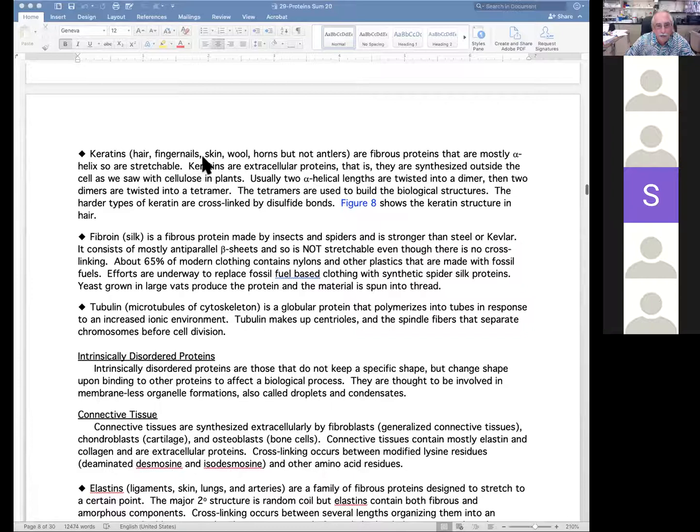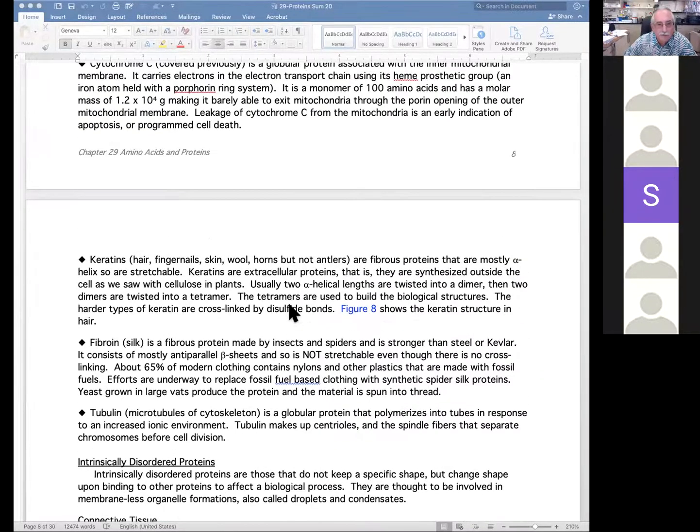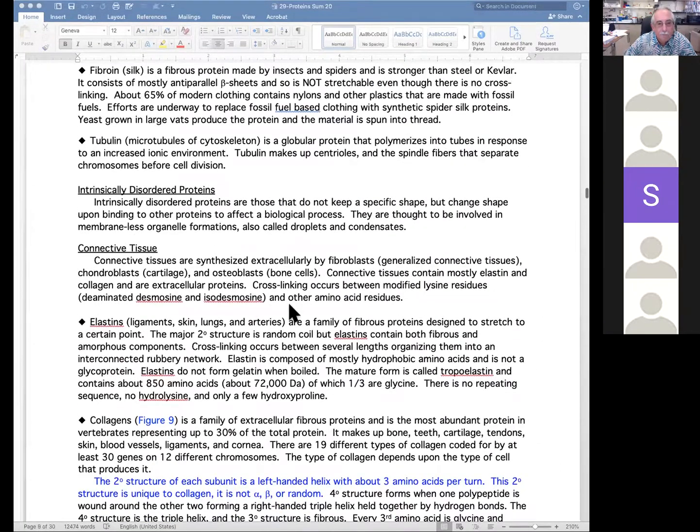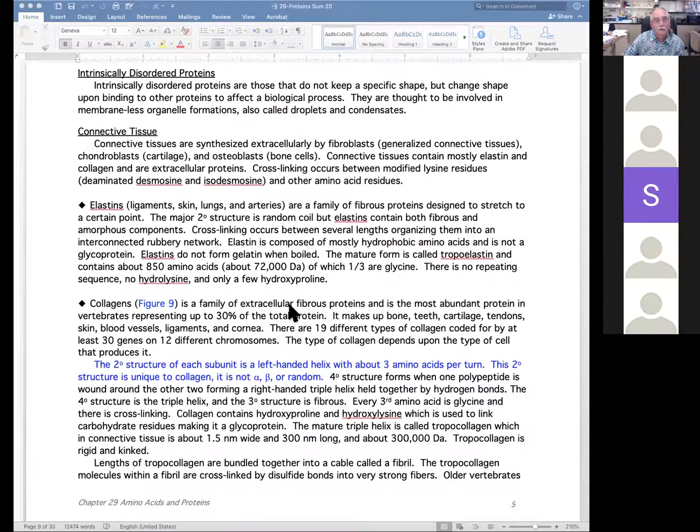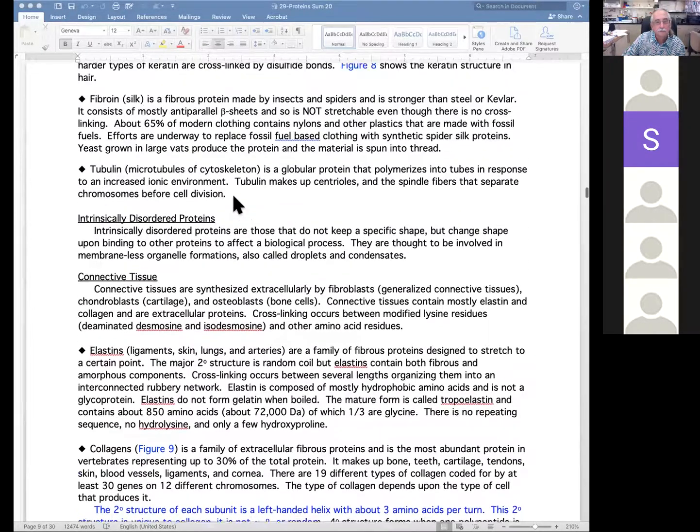So hair and fingernails and the other stuff are made out of keratins. Fibroin is really silk. Tubulin, microtubules of the parts of the cytoskeleton. The first four that you list, are those all simple proteins?